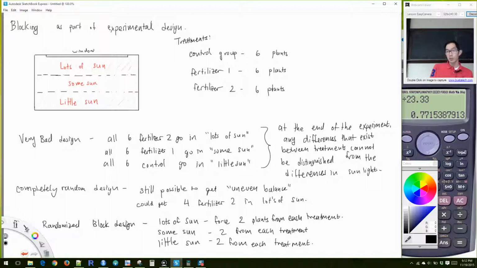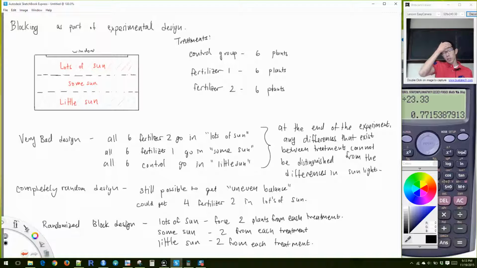But what we might see is that across the board, the 2 plants from fertilizer 1 grew the most in the lots of sun area, and when we look at the some sun area, fertilizer 1 grew the most, and in the little sun area, fertilizer 1 also grew the most if we control for those things, okay?